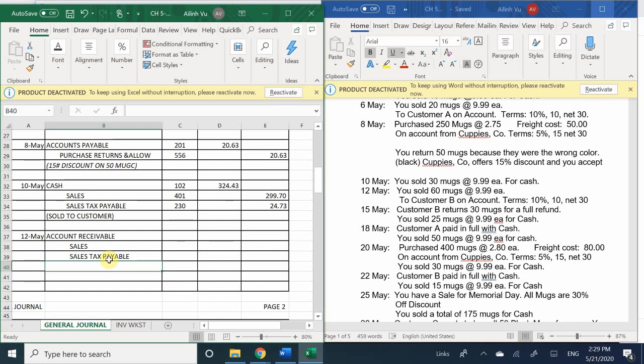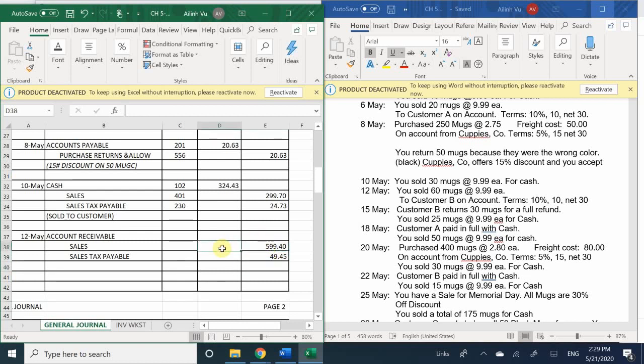Okay, so the sales amount should be $599.40. That's 60 mugs at $9.99 each. And how much was the sales tax? $49.45.